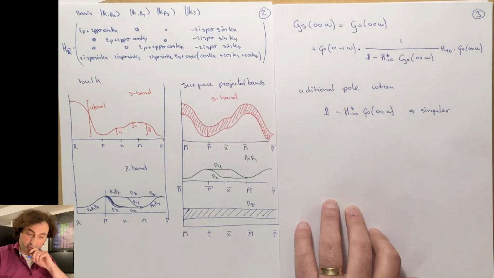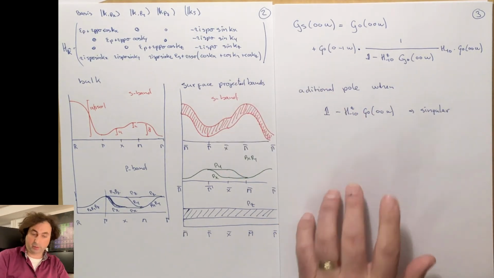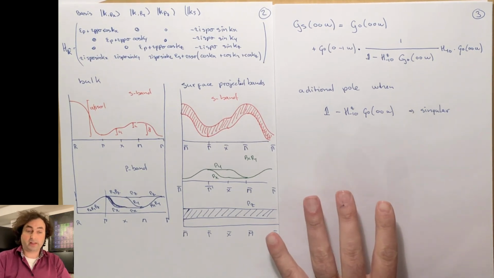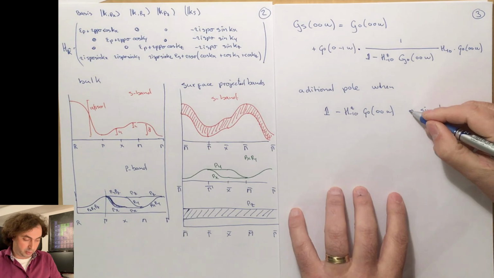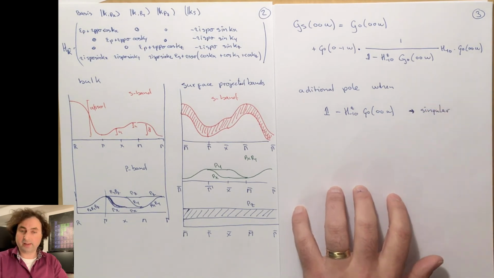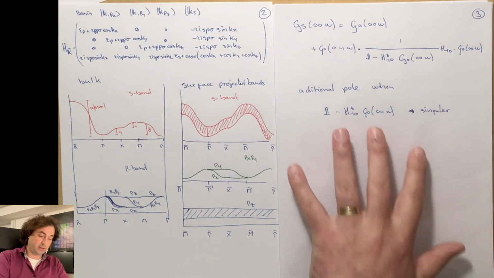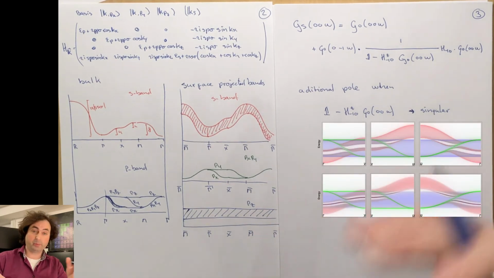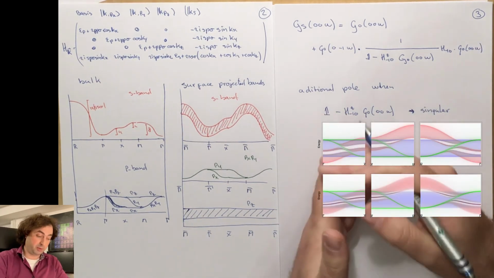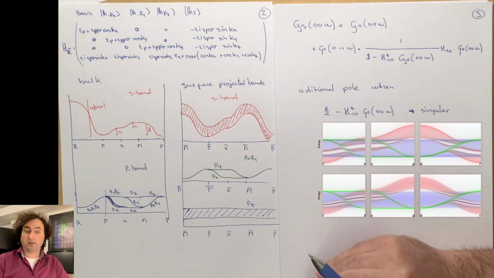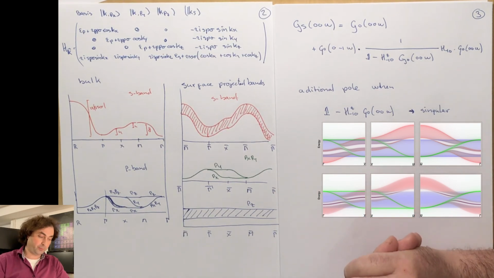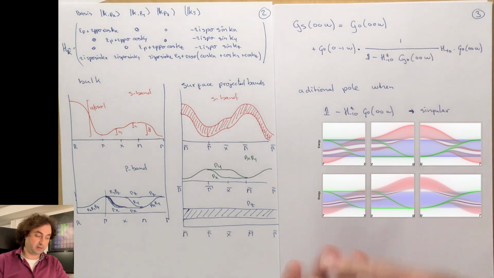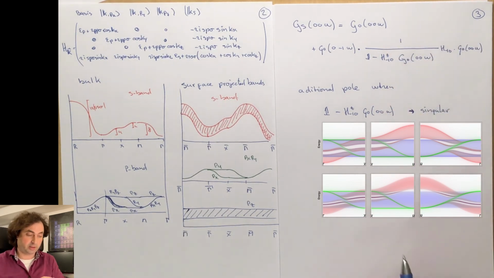Now for the Hamiltonians that we have here, you can in principle work this out. The equations are nasty and long, but you can show that indeed for this model this becomes singular, but actually we know this because our numerics already showed us that this becomes singular and we have these additional surface states in there. It's bidirectional. If you get a surface state, this is singular. If this is singular, you get a surface state.